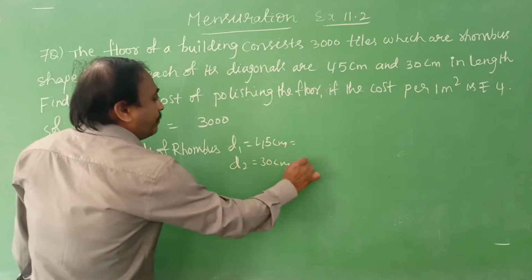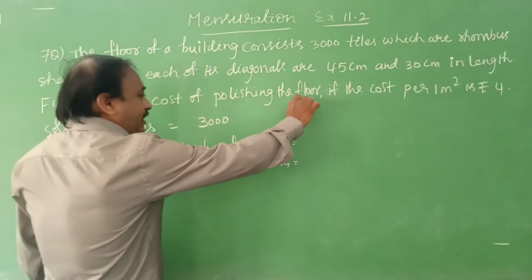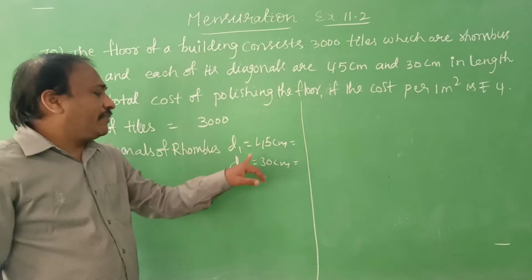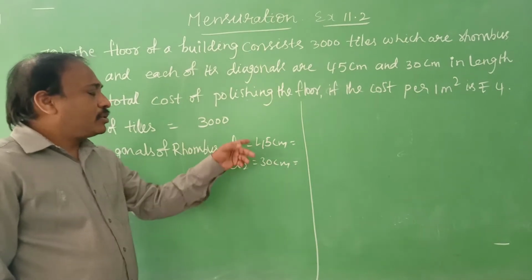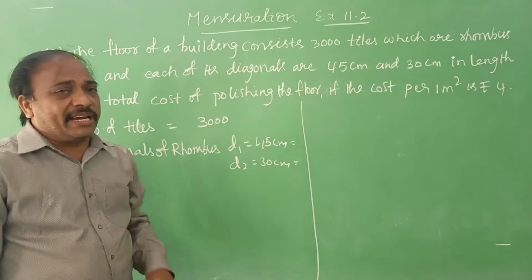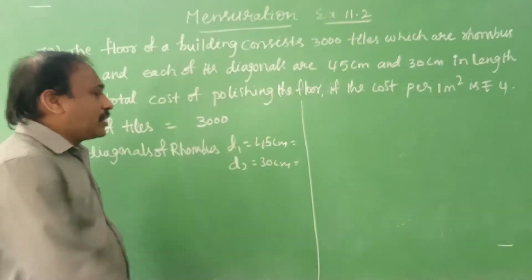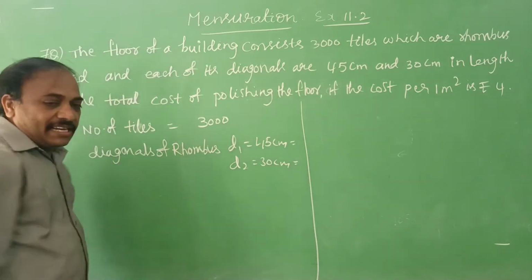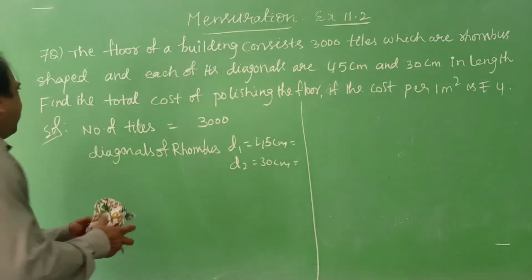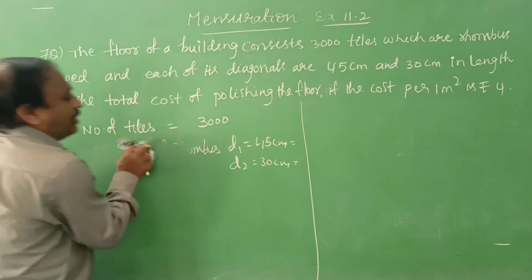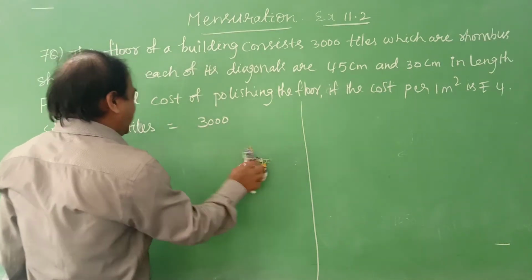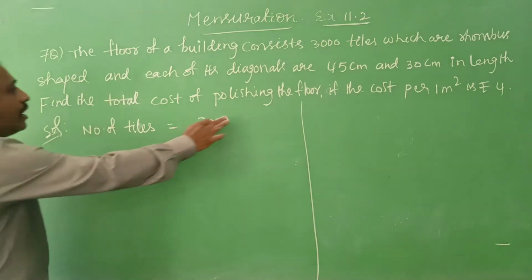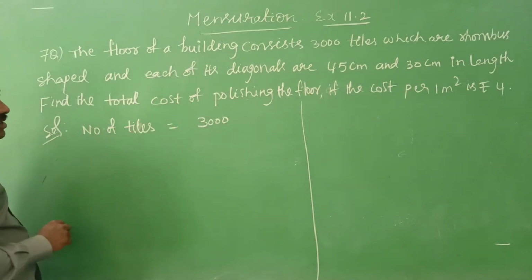Observe it here, D1 is 45 and D2 is 30. The area is in meter square, so convert the diagonals of the rhombus into meters. Actually it is given in centimeter and we are asked to find the cost in meter square, since the cost for 1 meter square is given.